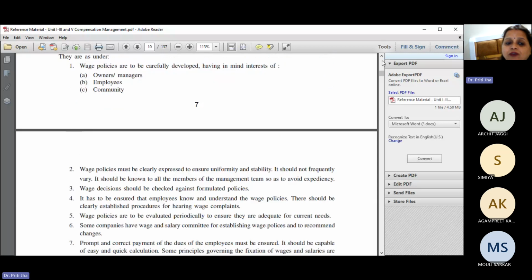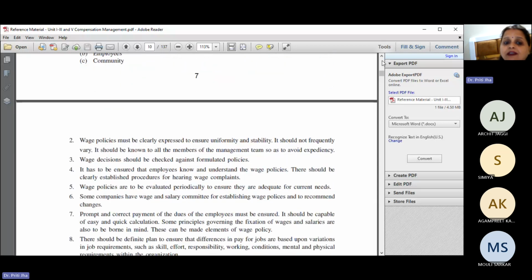Next one is wage policies must be clearly expressed to ensure uniformity and stability. It should not frequently vary. It should be known to all the members of the management team so as to avoid expediency.